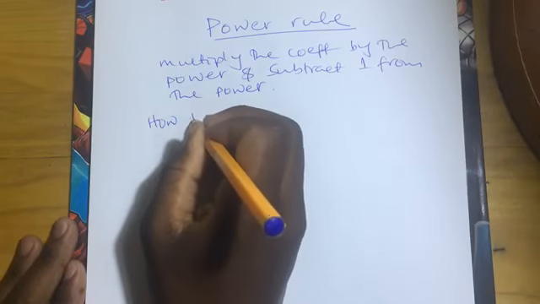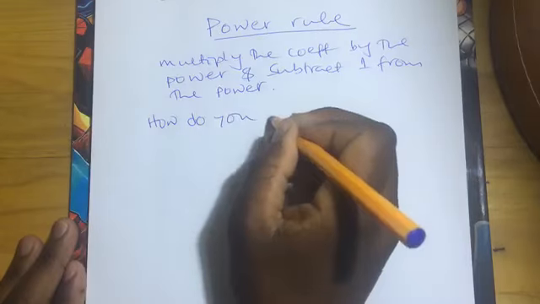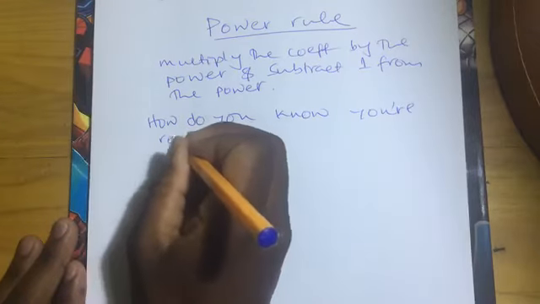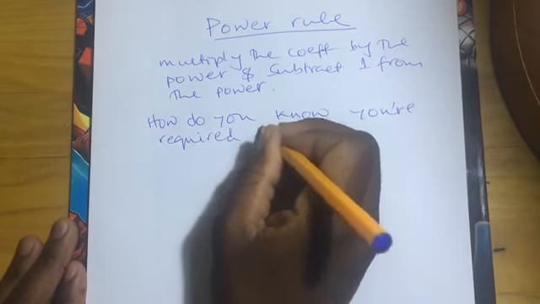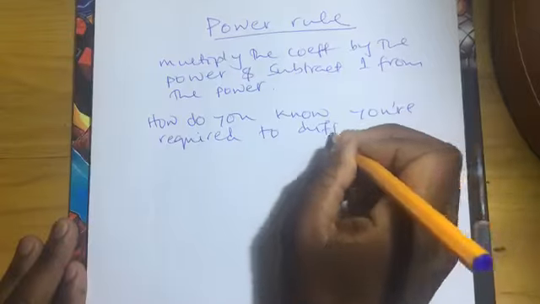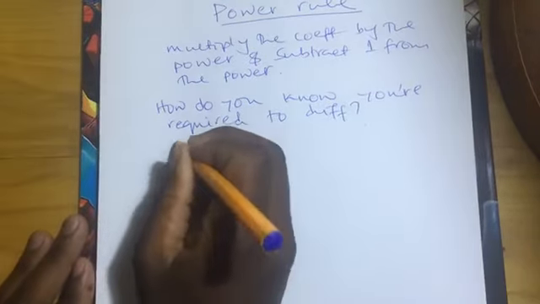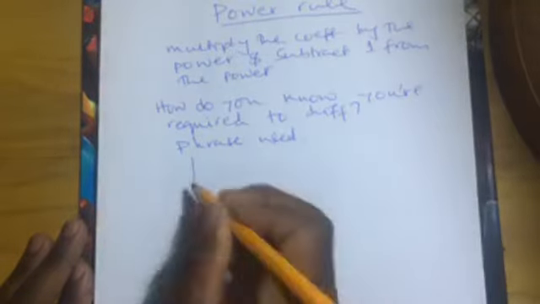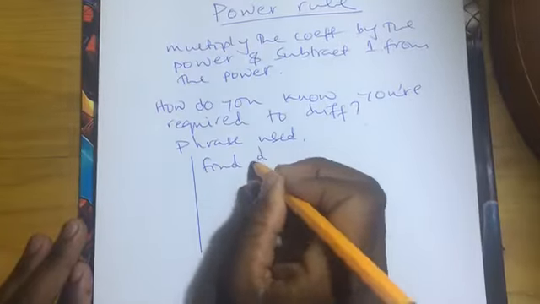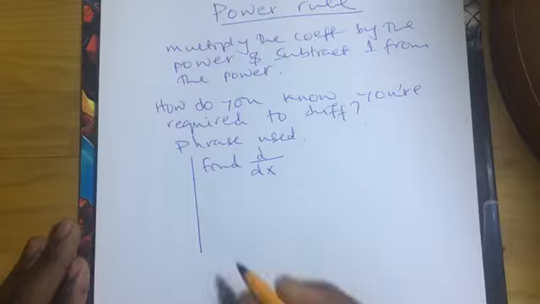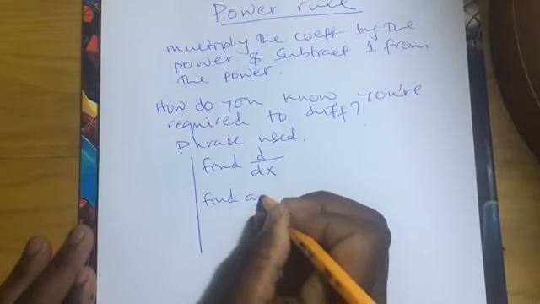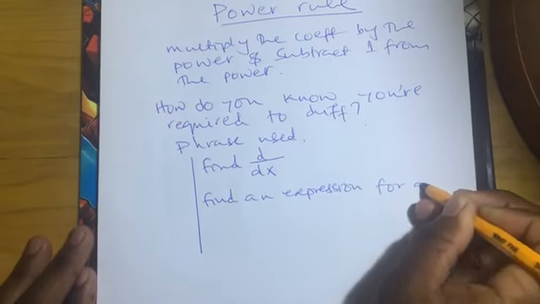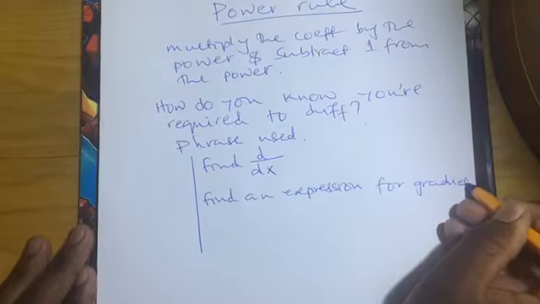Okay. And then how do you know you are required to differentiate? So phrases used. They may say find d dx, okay? They may say find an expression for the gradient, okay?